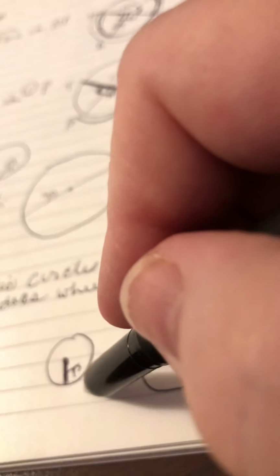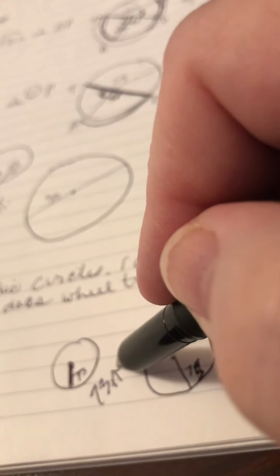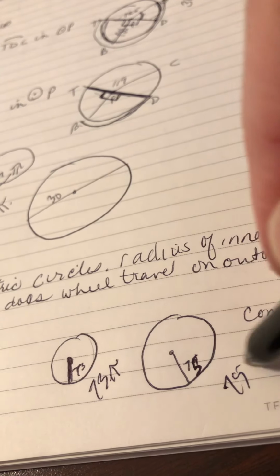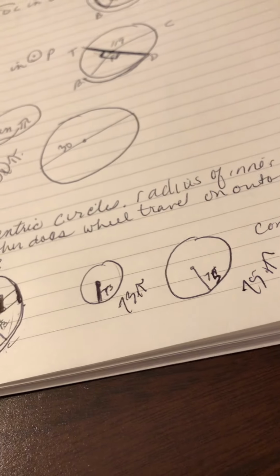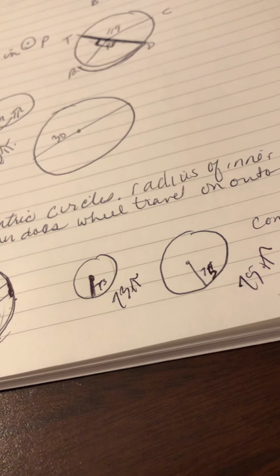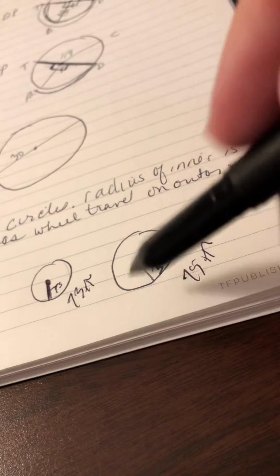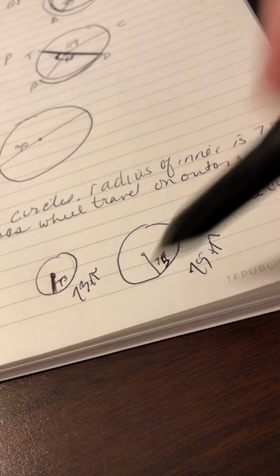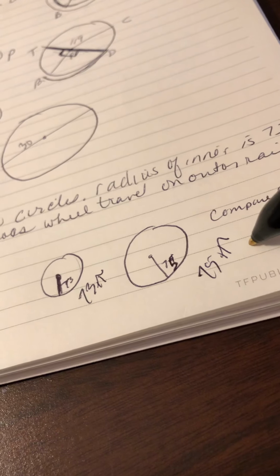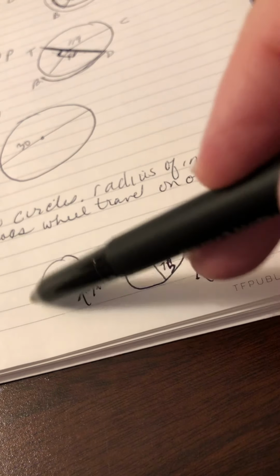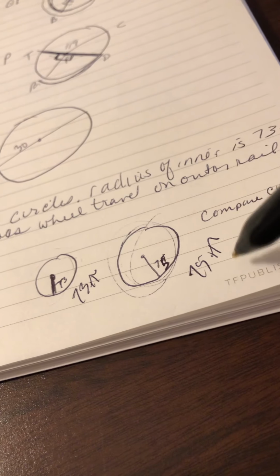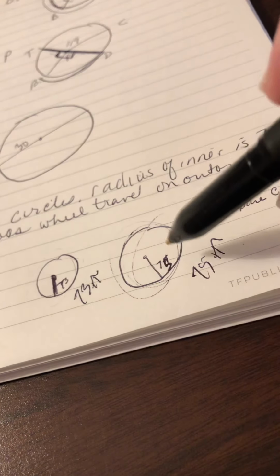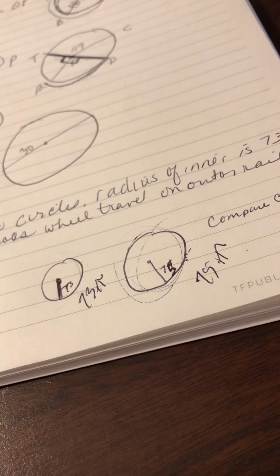So you want to know 73 times pi and 75 times pi, and I would go ahead and round it off to whatever decimal place your answer was required. But then you would subtract one from the other. Because you'd find the circumference of this one and then the circumference of this one, and when you subtract them, it'll tell you their difference, and that'll tell you how much further this bigger one had to go.